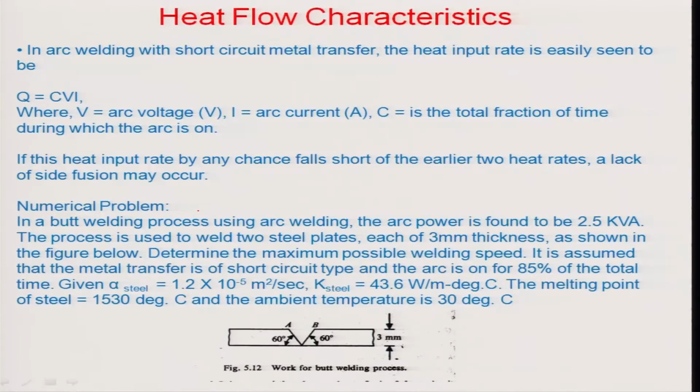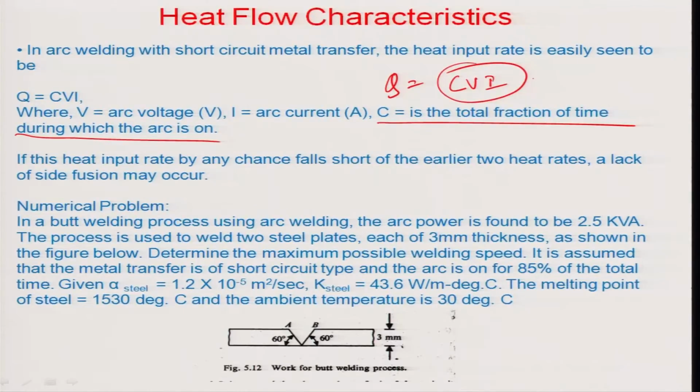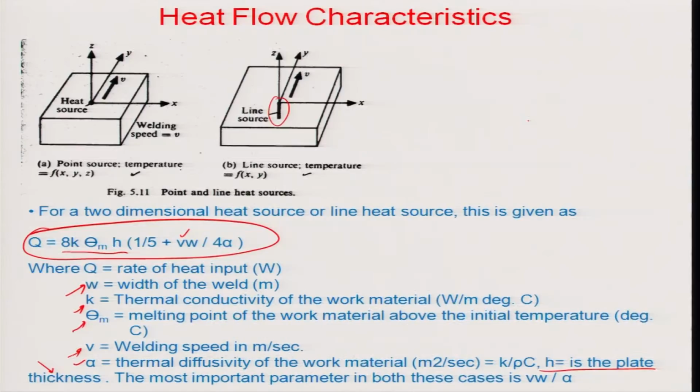Essentially, supposing C is the total fraction of the time during which the arc is on and transferring the power, and power is transferred as V I. The total power, that is the power in watts or kilowatts, is C V I, where C is really the duration of the time for which the power is being delivered, and V I product is basically the power. As you all recall, power is in watts, joules per second, which had been also given as the rate of heat input.